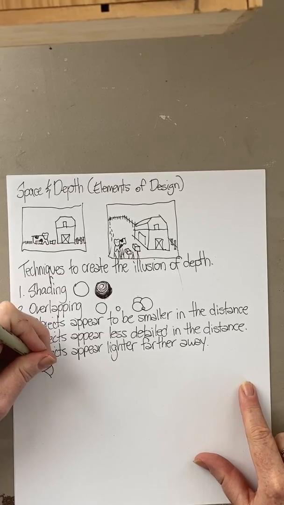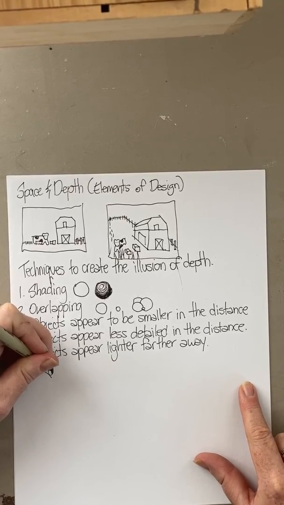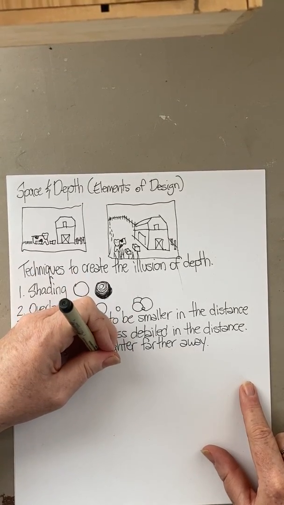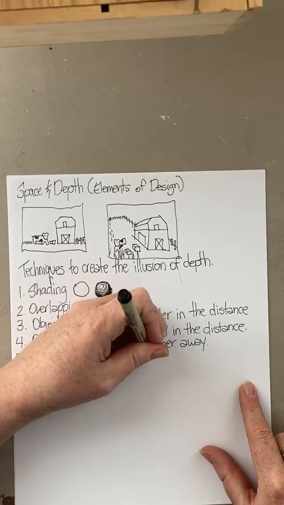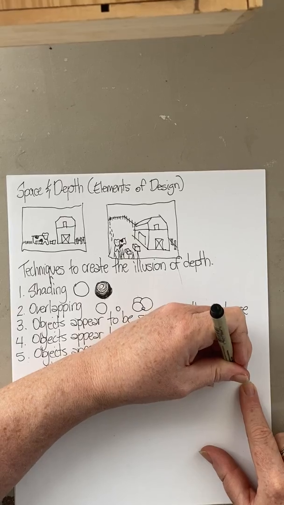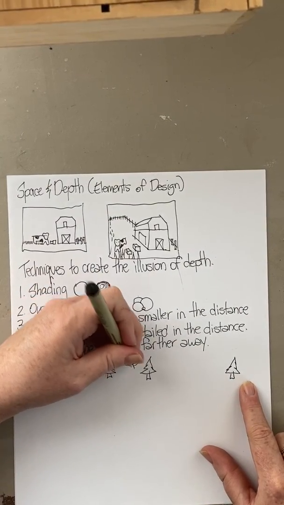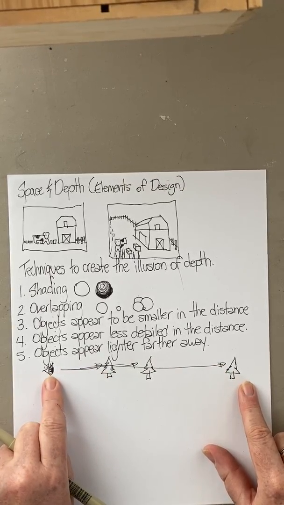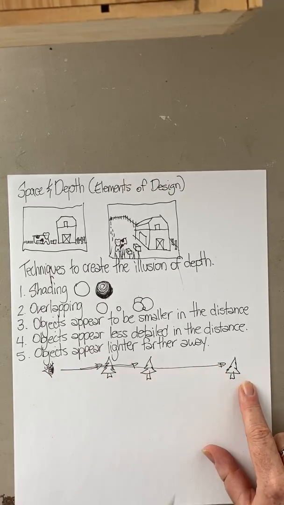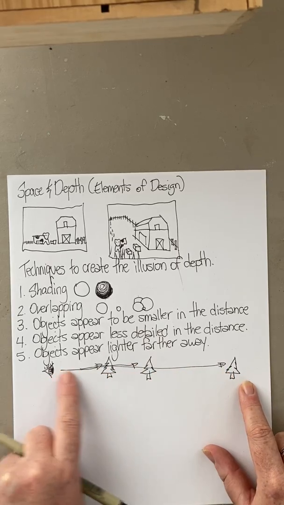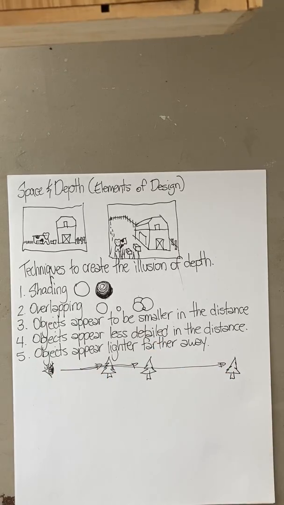One of the reasons for this is when you are looking with your eyeballs at something like a tree that's this far away, or a tree that's far away, you just got to think of how many things are in the air between you and this first tree. Not so much, but by the time you get over here, there's so much more stuff in the air. So if you think about on a foggy day, there would be more water molecules, a lot more between here to here than here to here. So that's one of the reasons for this.